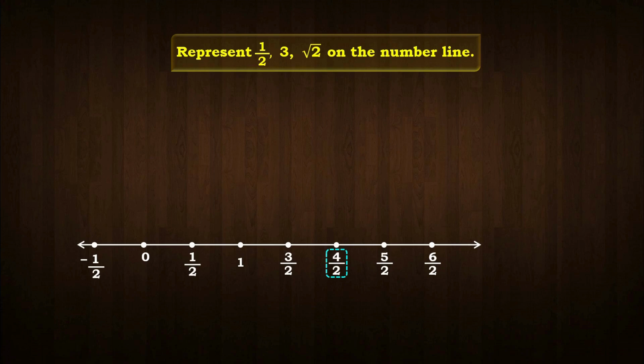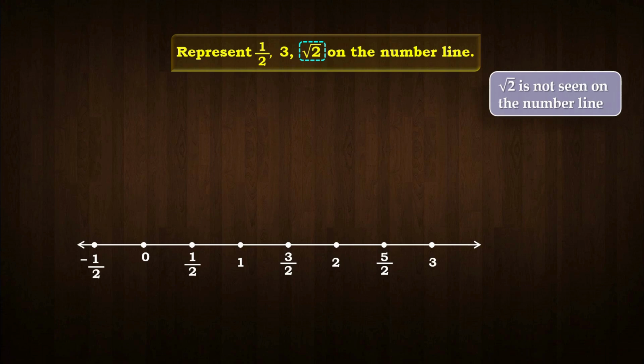Similarly, 4 by 2 is 2 and 6 by 2 is 3. So in the same number line, we got 1 by 2 and 3. Now coming to the root 2. But root 2 is not seen on the number line. So till now, we can represent 1 by 2 and 3 easily on the number line. But root 2 we can't see on the number line.